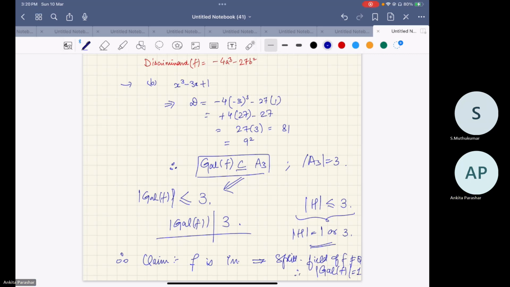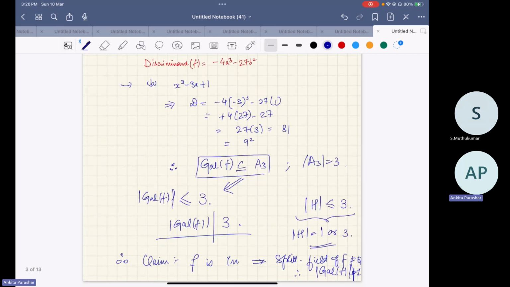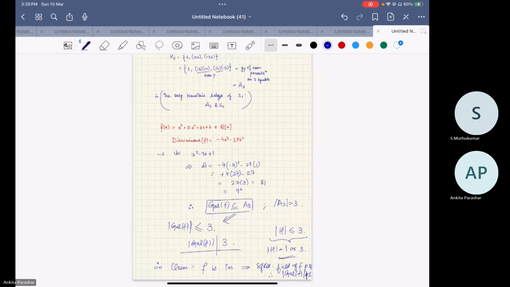It has to be A3 only. So finally, the only thing remaining is to check whether this polynomial is irreducible or not.